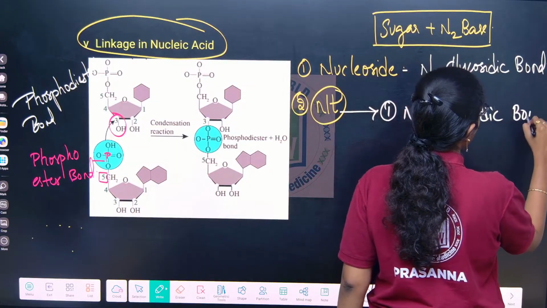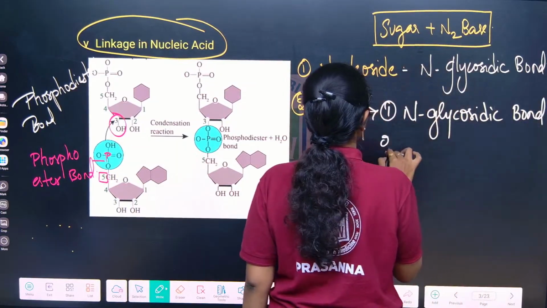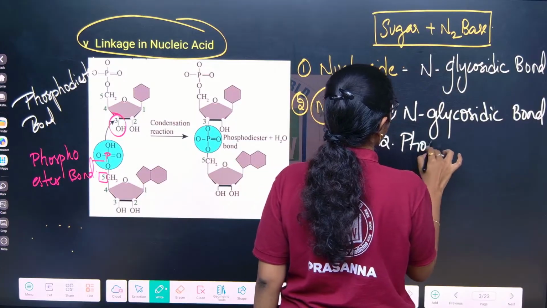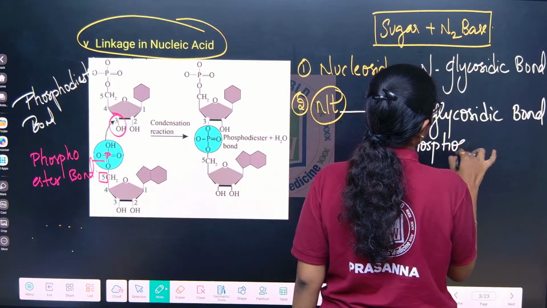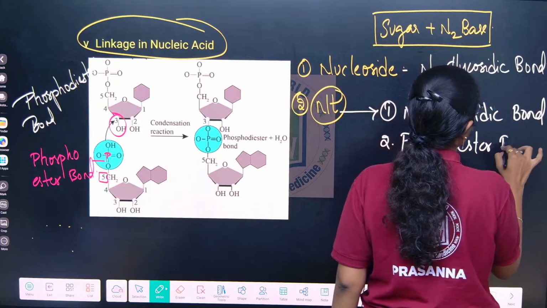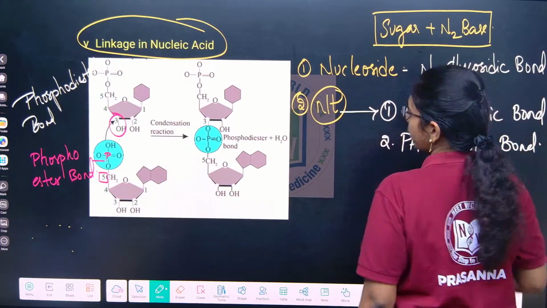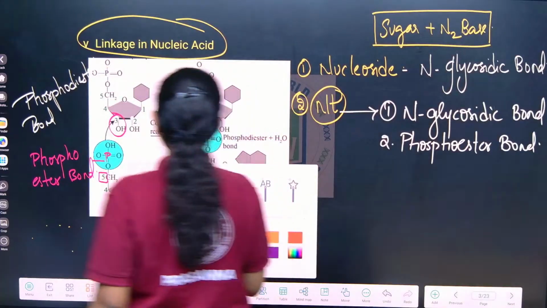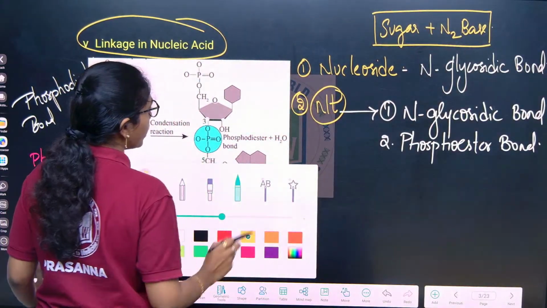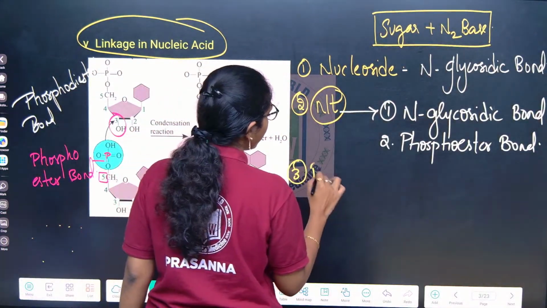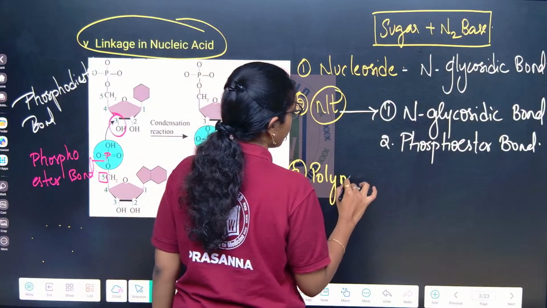Second bond is phosphoester bond. Now, third is the bonds involved in the formation of a polynucleotide chain.